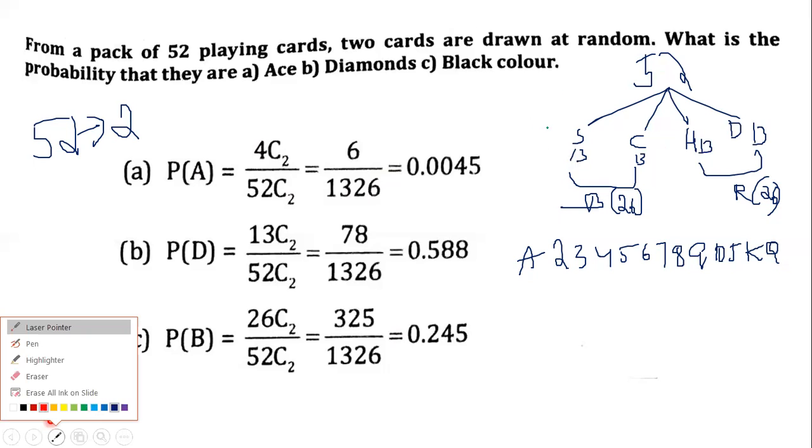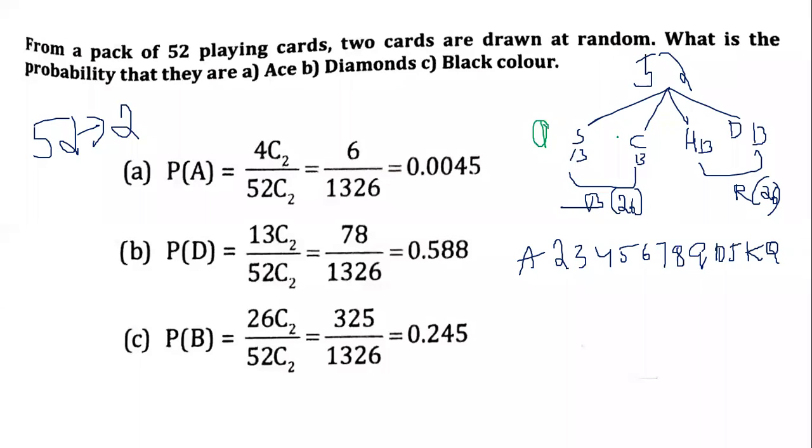There is 1 ace in the spade cards, 1 ace in the clubs, 1 ace in hearts, and 1 ace in the diamonds. How did we get 1 each? Because every set will have the same series, and the first one here, that is A, is called ace. So for spade, they will have 1 ace, for clubs 1 ace, and then for hearts and for diamonds.